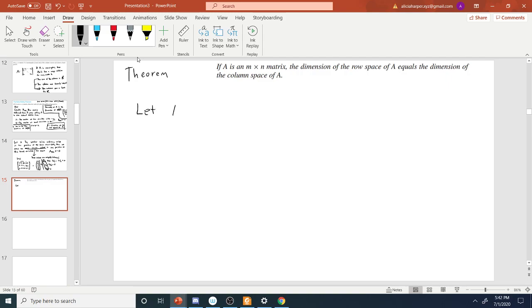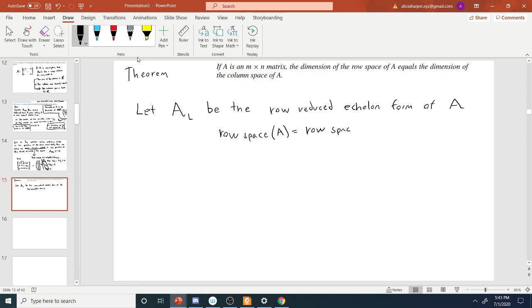Let A_L be the row reduced echelon form of A, in which case we have that the row space of A is equal to the row space of A_L.